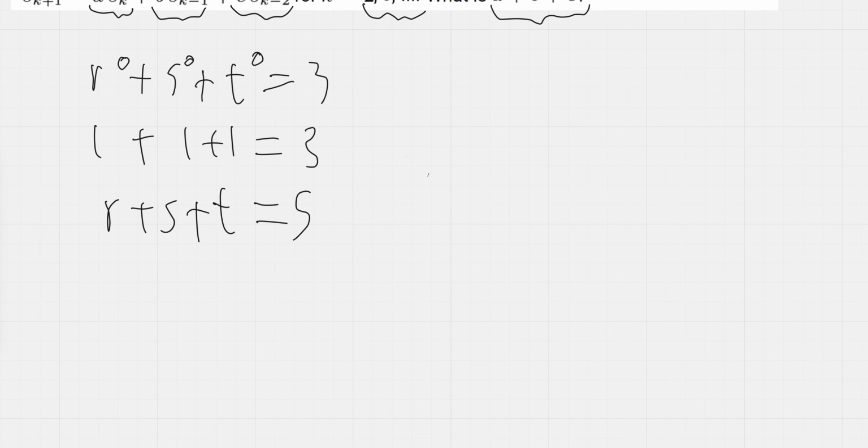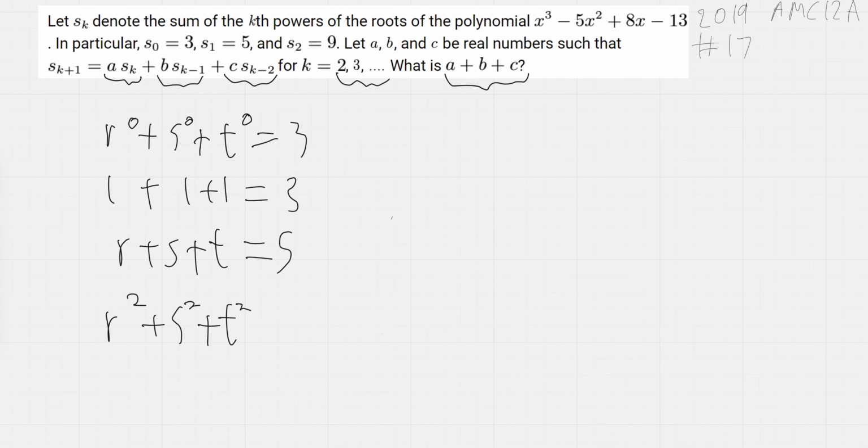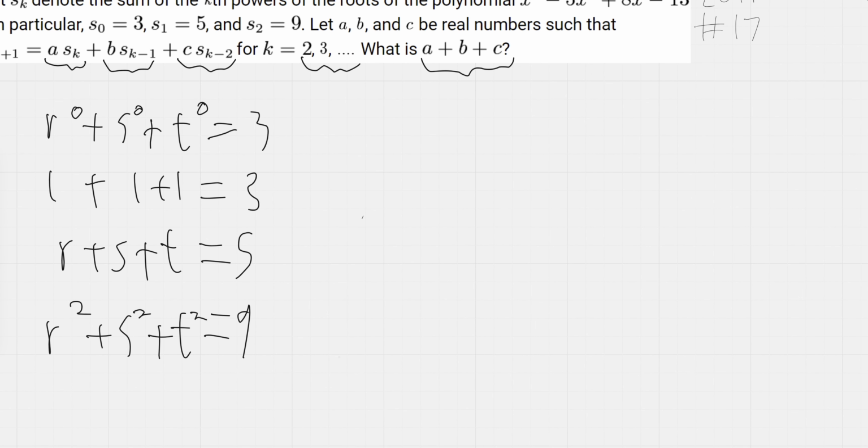And now you're given r squared plus s squared plus t squared is equal to 9. Okay. Let's say you weren't given that. How would you find r squared plus s squared plus t squared?